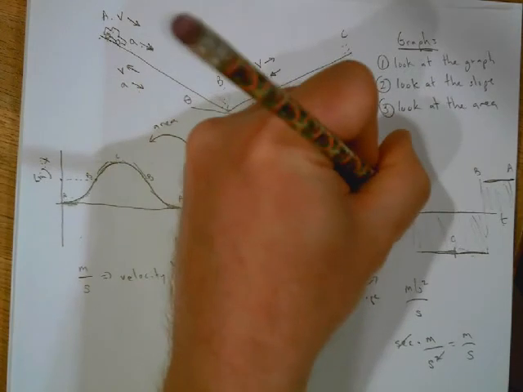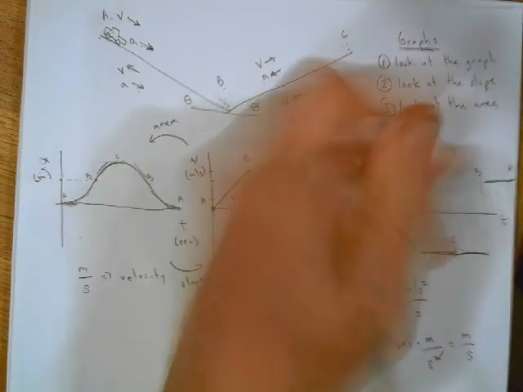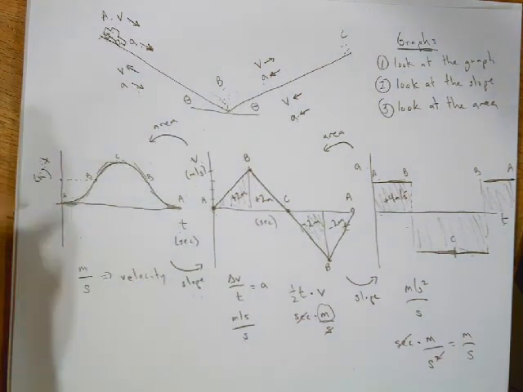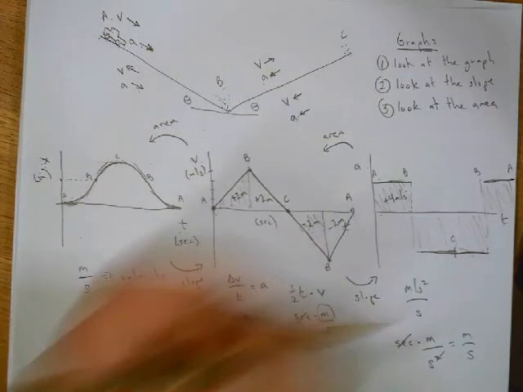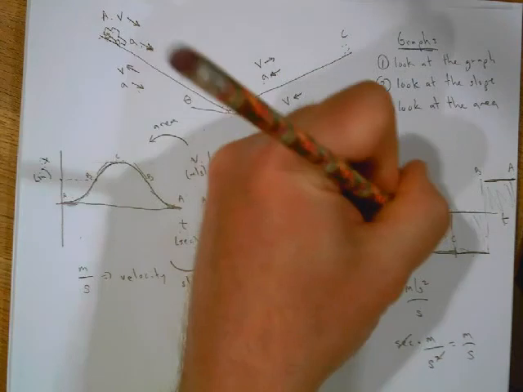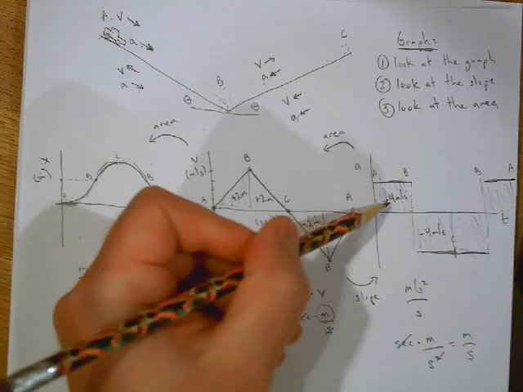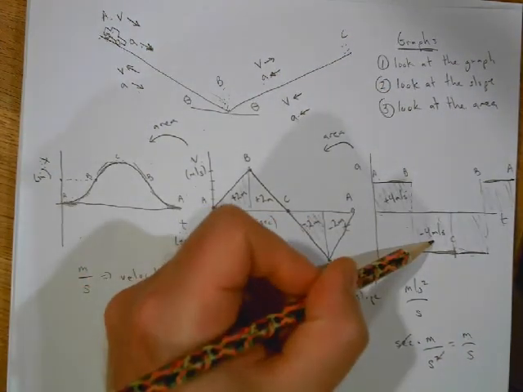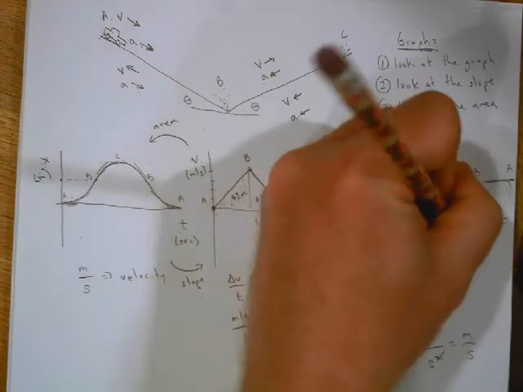So another way you could do this, if I wanted to know my velocity at the bottom, well, what would I do? We already said it was 4. That would mean the area of this has to be equal to plus 4 meters per second. Now, remember, the 4 was just a number I made up, but if I just stay with that number, so plus 4 meters per second, that means this is negative 4 meters per second. Well, guess what?